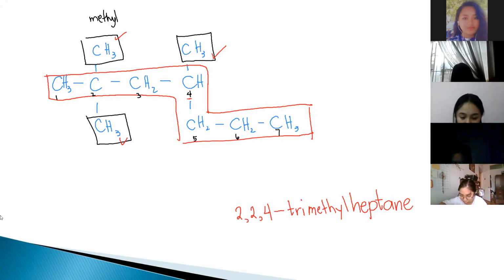If ever the substituent, parehas sila na substituent and they are connected to the same carbon. You just have to identify that both of them is connected sa parehas na carbon. Kaya 2, 2. And since meron pa tayong isa, so we have 4 and then we will use the prefix tri. Okay? So, that's it muna for this morning.